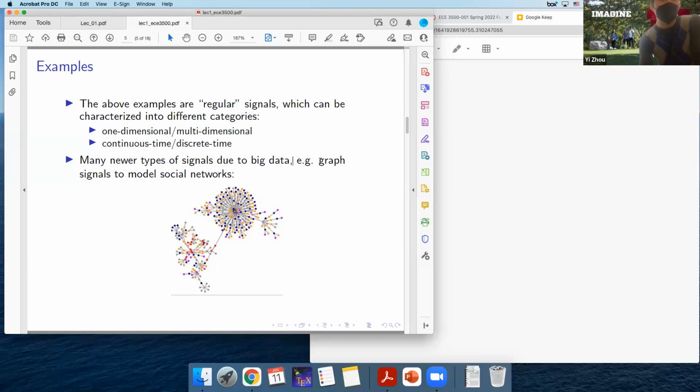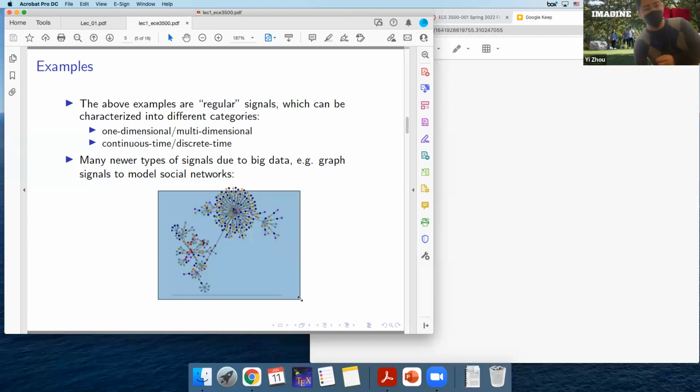For example, the graph signal is a very popular and also very useful signal, in particular to model social networks or any other node-to-node interactions. So basically, this is a visualization of a graph.